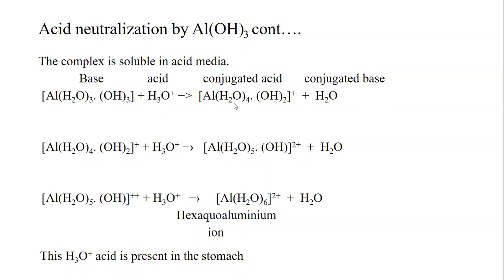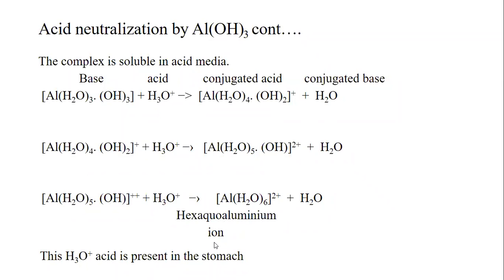Now conjugate acid, what happens? You can see here, it becomes [Al(H2O)4(OH)2] and the whole complex is plus. Okay, the whole complex is plus. So this is how it keeps getting converted until you get hexa-aquo aluminium ion.